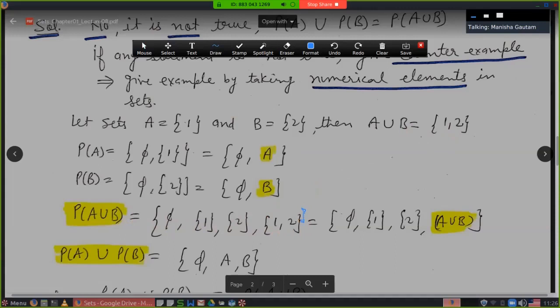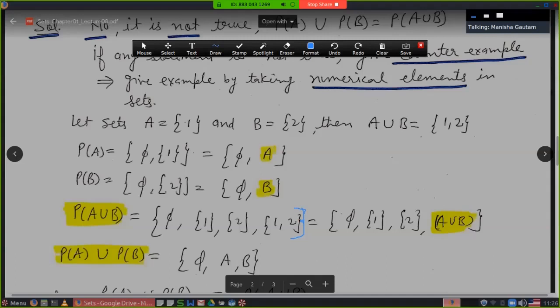One bracket should be there because I am talking about subsets. These are the elements only. Phi, this is a set. Where is the bracket of the set, which is a power set? This one is the bracket which encloses all subsets. This bracket you have to apply here.